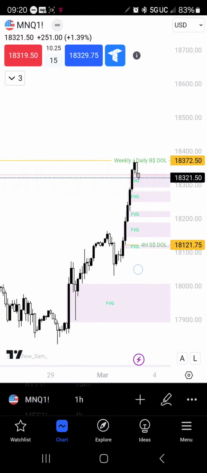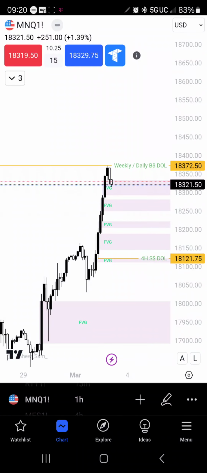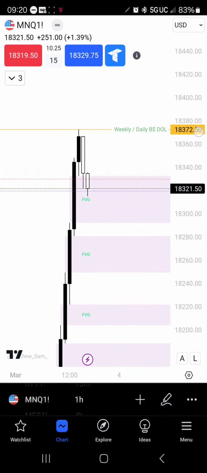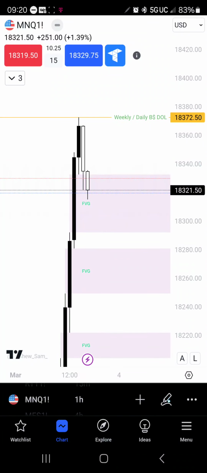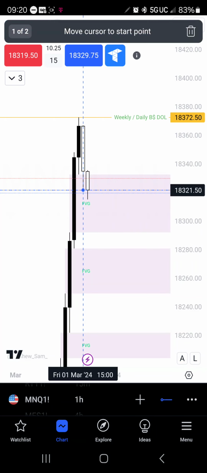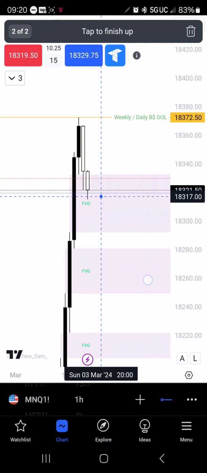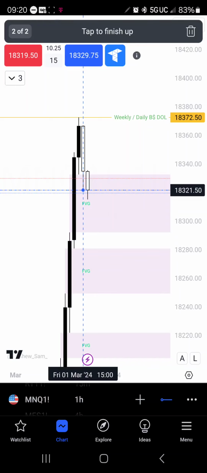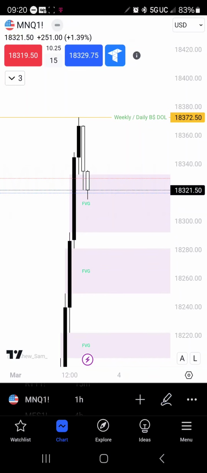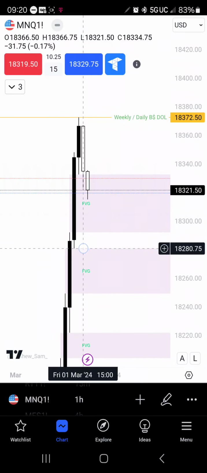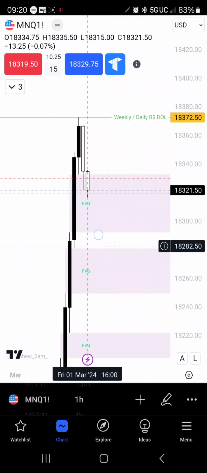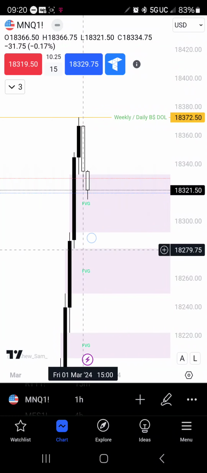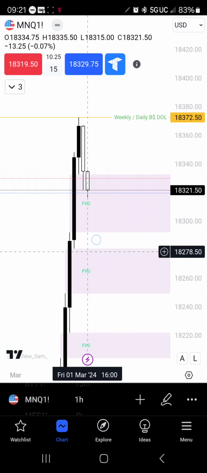I mean, we can take a look at the 1 hour, and let's get a 1 hour draw on liquidity as well. So if we take a look at the 1 hour, let's see what this candle is. This candle's low is 18,321.50. This candle's close is 18,321.50.